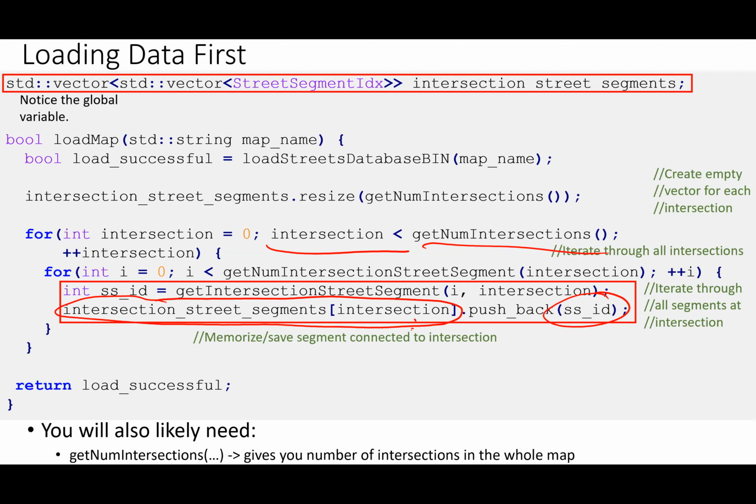On the next iteration of this for loop, I go through intersection 1 and ask the same questions: how many street segments do you have? Then for intersection 1, I push all those back, filling in the second row of my vector of vectors. Does that make sense?